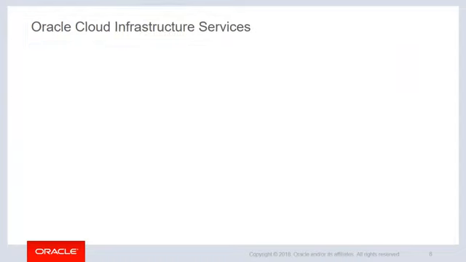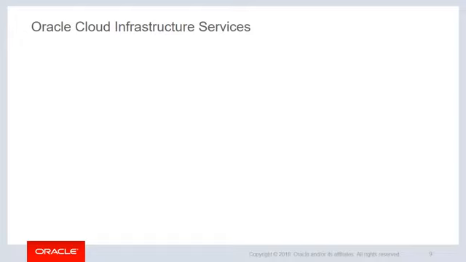Now let's switch gears and look at the infrastructure services which are available on the Oracle Cloud Infrastructure platform. We have around 20 services which are generally available today, and the list is growing at a very fast pace.